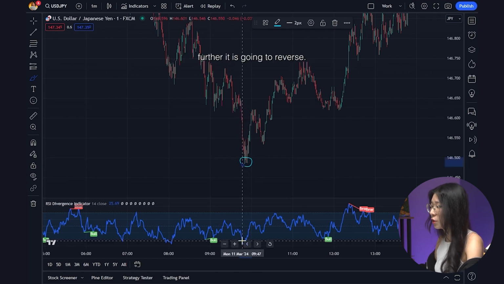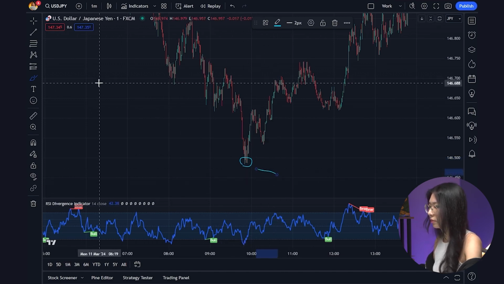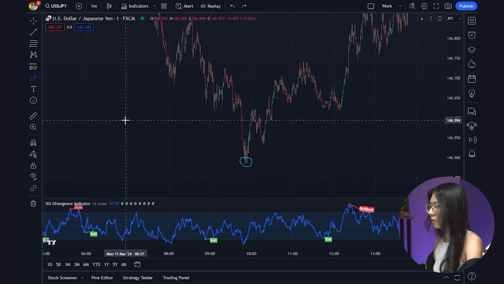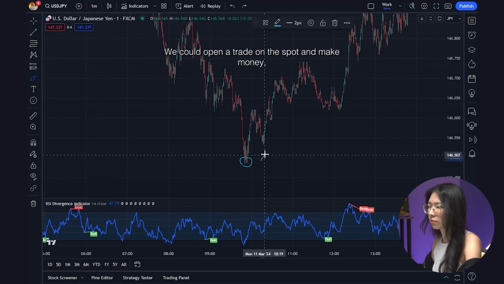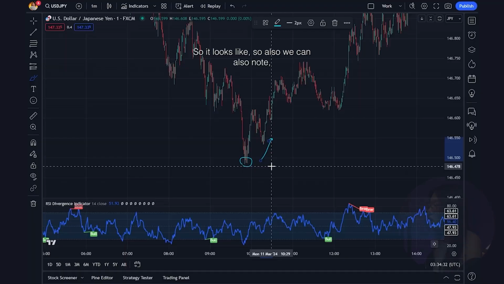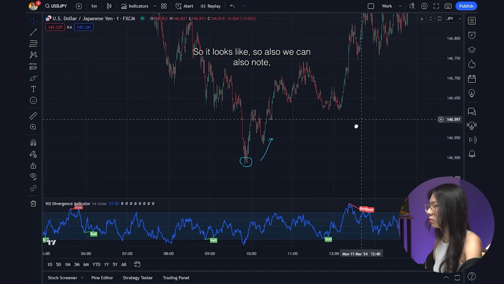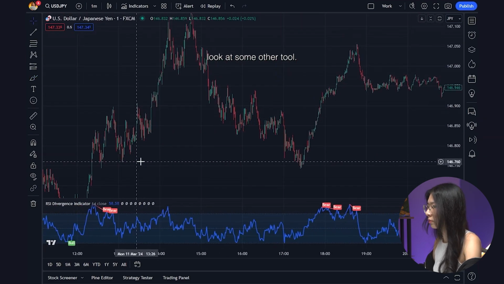And further, it's going to reverse. So we could open a trade on the spot and make money, and after, of course, take our profit. So it looks like we can also look at some other tool.